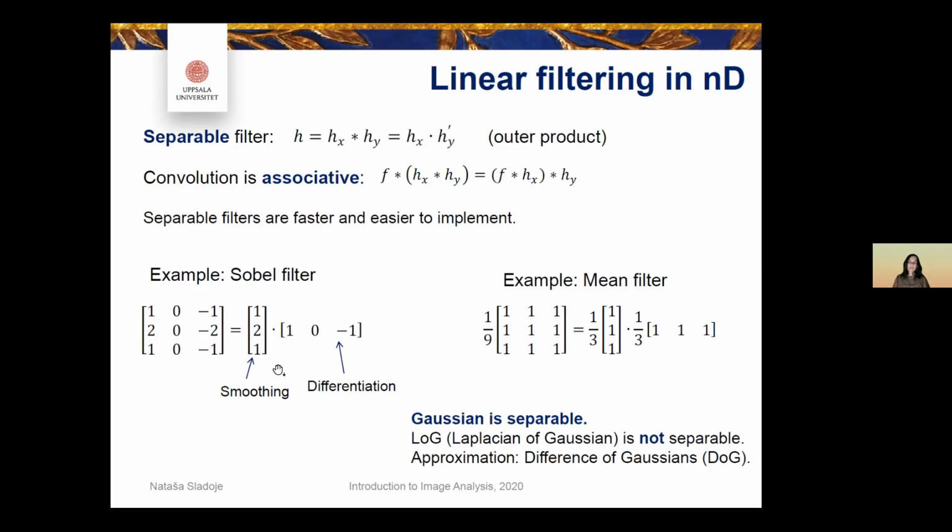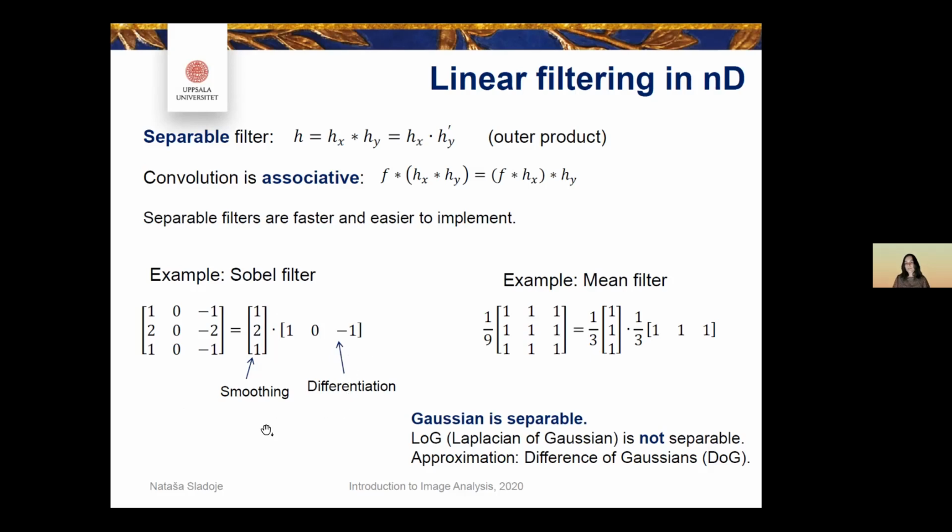where we can even see that this part is some way of smoothing the image, while this part really corresponds to what we discussed when we talked about how to have a simple mask for differentiation. So now we can even see that the Sobel filter can be decomposed into its smoothing and differentiation components.